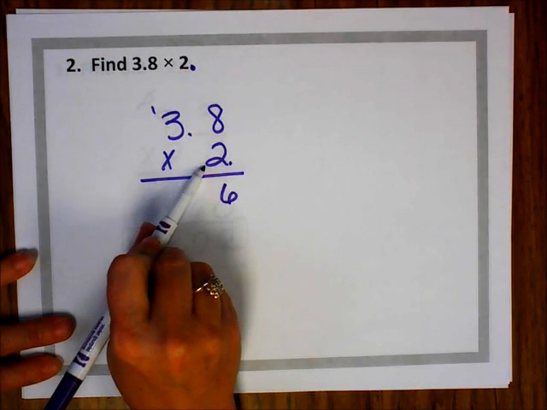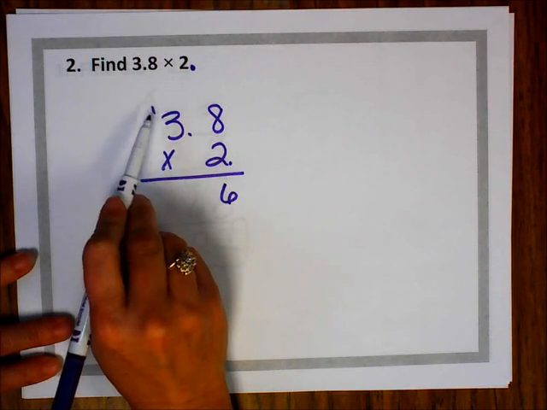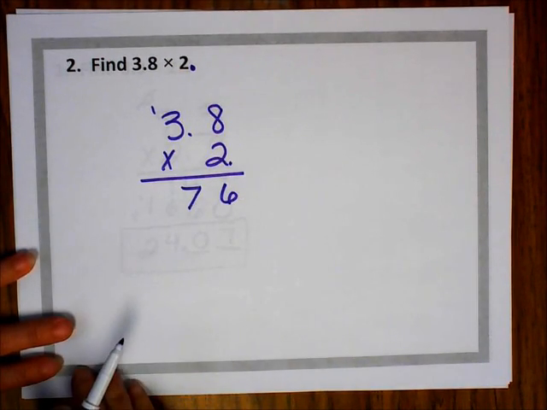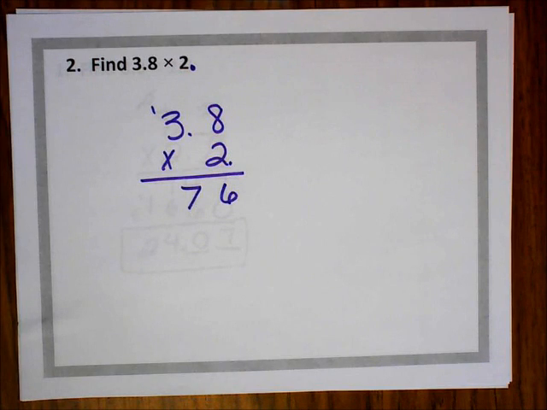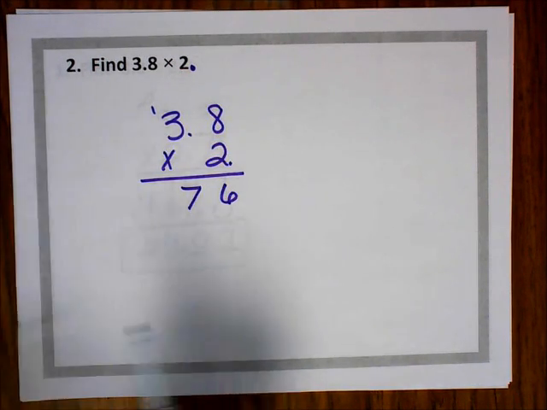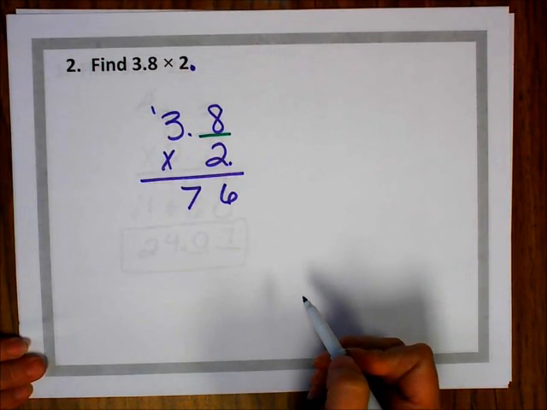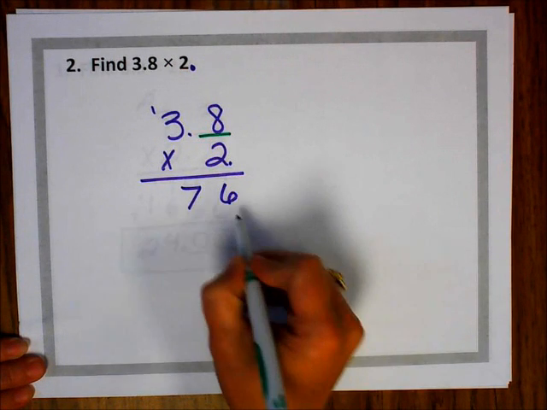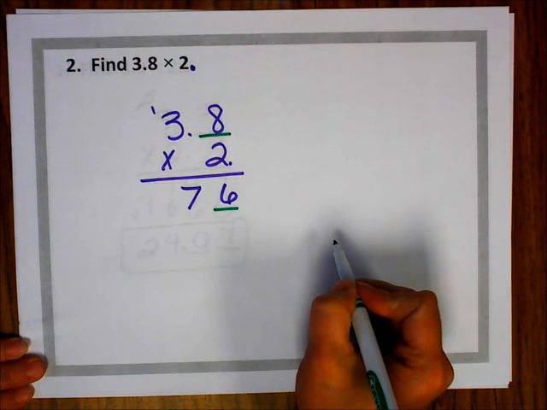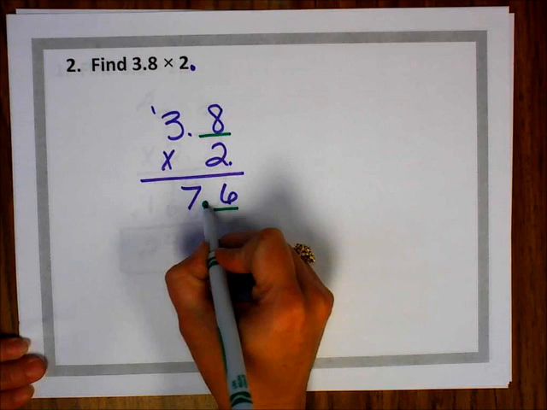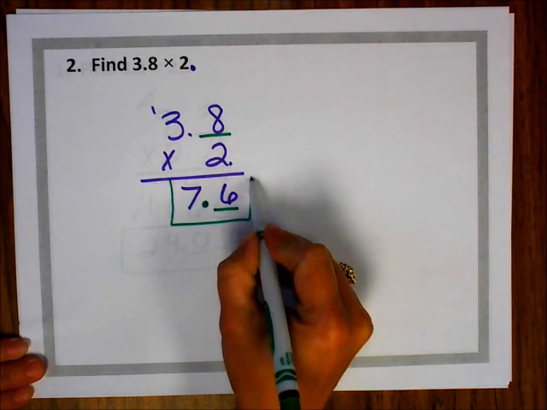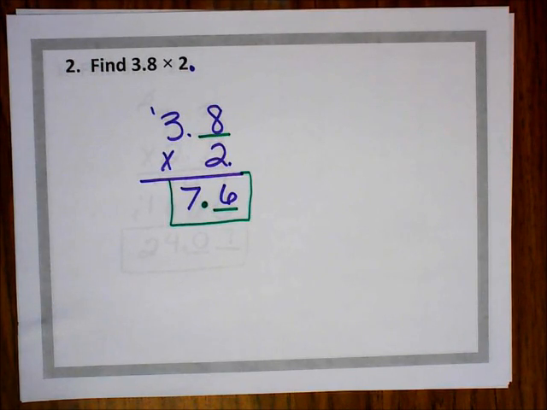Carry your 1. 2 times 3 is 6. 6 plus 1 is 7. Now I need to see how many digits are behind the decimal in the problem. I have one number behind the decimal in the problem, so I have to have one number behind the decimal in the answer. So my answer is 7.6.